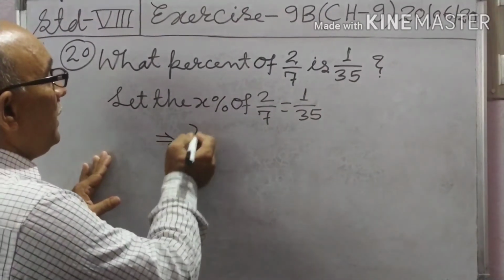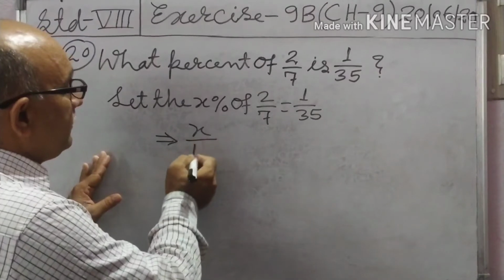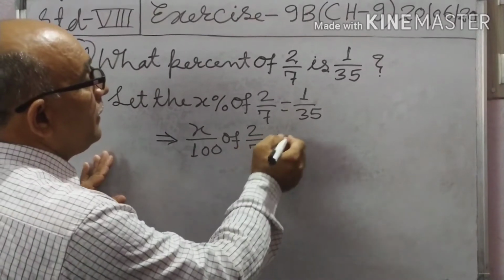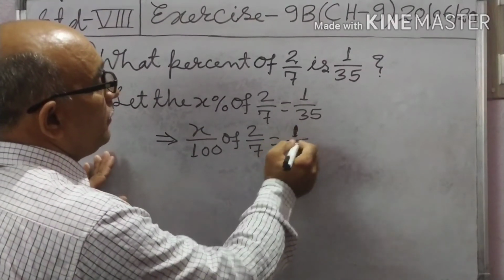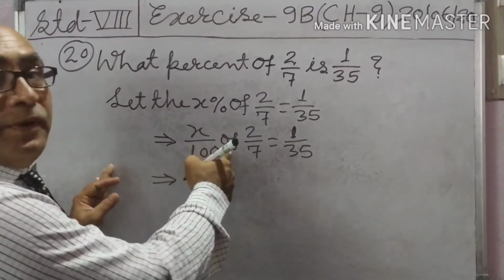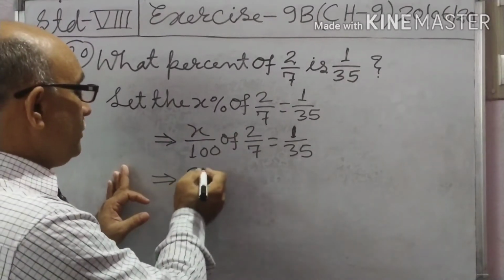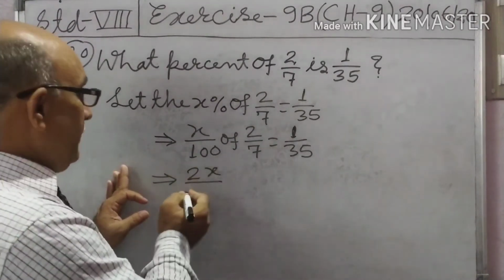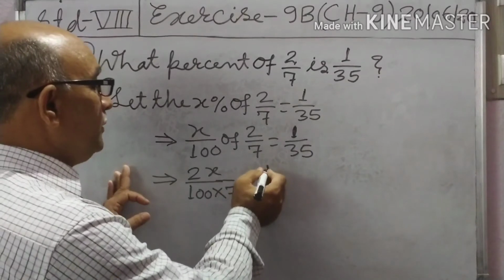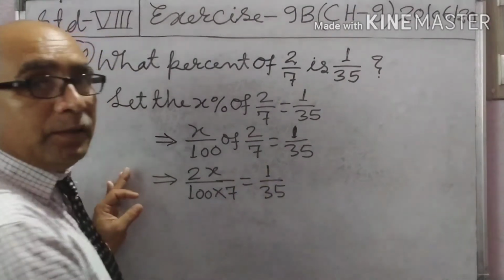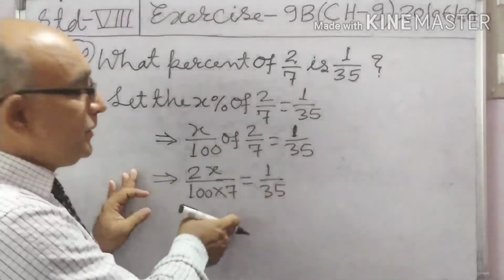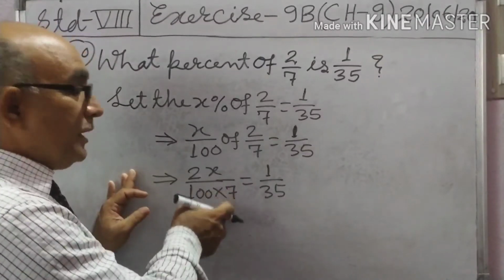That implies solve it. X percent means x by 100 of 2 by 7 equal to 1 by 35. Now, of means multiply. So x into 2, 2x, 100 into 7 equal to 1 by 35. Students, now 2 by 100 into 7, by transposition, changes into 100 into 7 by 2.